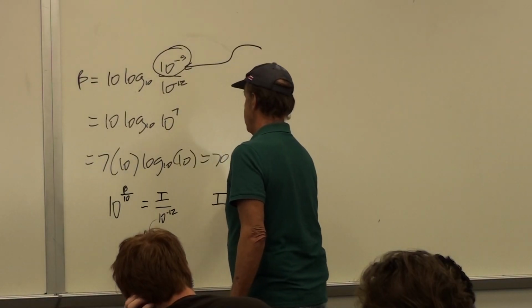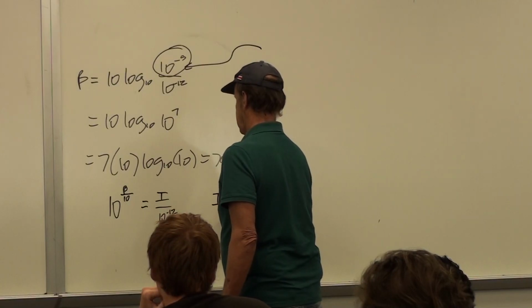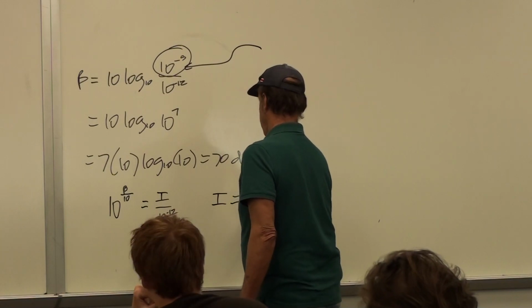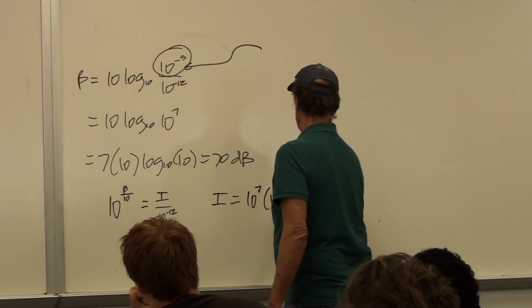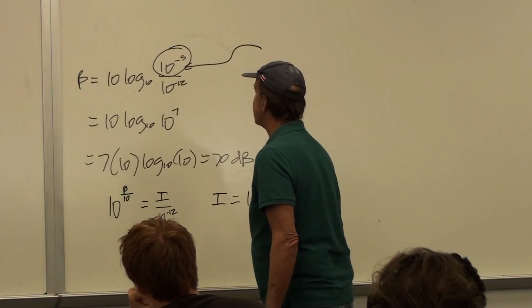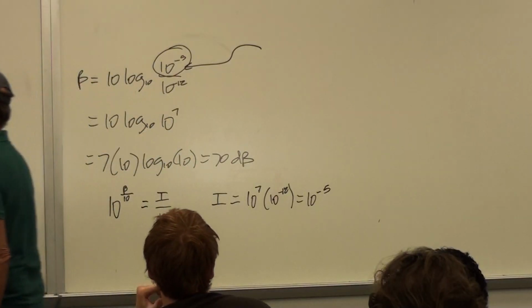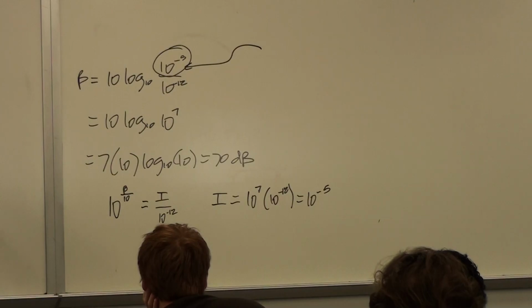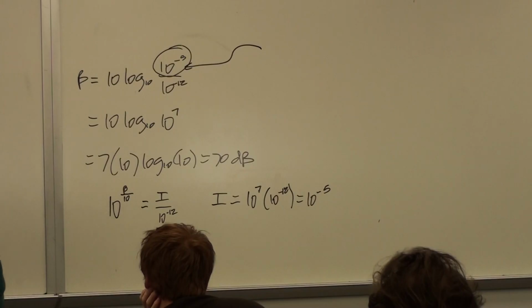So then I would be equal to 10 to the 7 times 10 to the minus 12, which would be 10 to the minus 5. Then you can plug that back into this expression, and beta is equal to 10 times the base 10 logarithm of 5 times 10 to the minus 5 divided by 10 to the minus 12. Has anybody done that yet? 6.9. Okay, good. About 77 decibels.